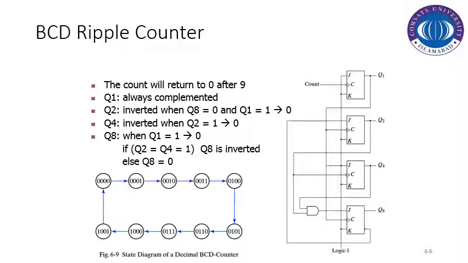So the count will always return from 0 to 9. We cannot exceed 9. Whenever we achieve the maximum value 9 here, it will return to 0. So Q1 is always complemented. The first output is always complemented here. It is configured in the toggle state, and in this particular setup we are using JK flip-flop configured to the toggle state. We can also implement that with the help of a D flip-flop.